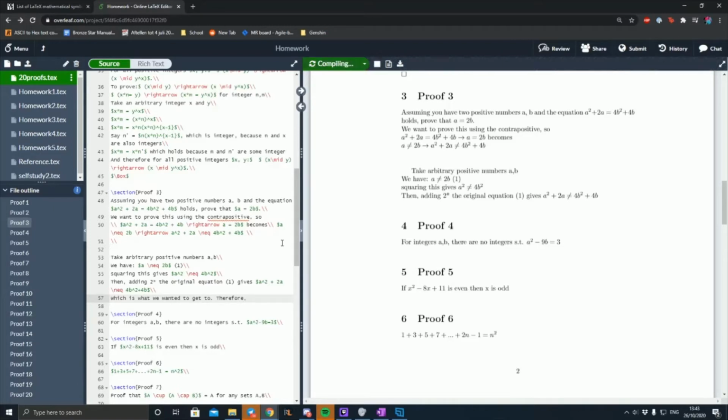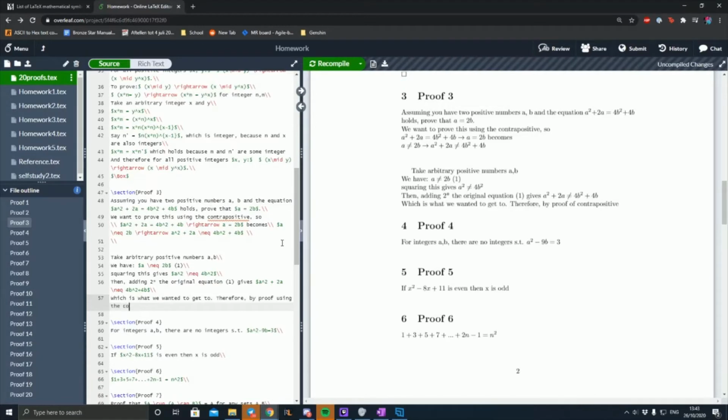Therefore, by proof of contrapositive, using the contrapositive, we have proven that.